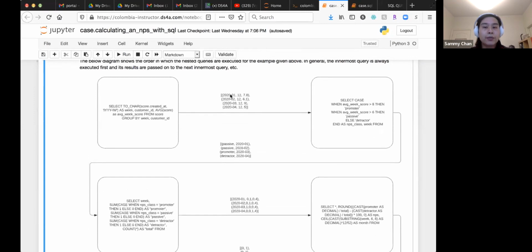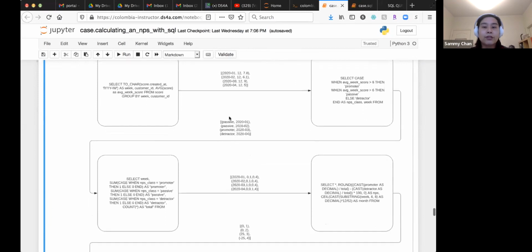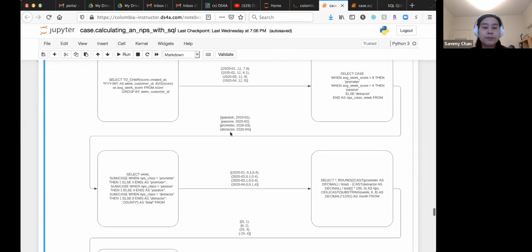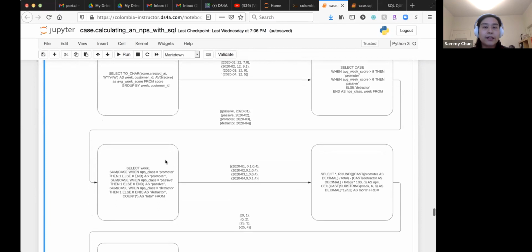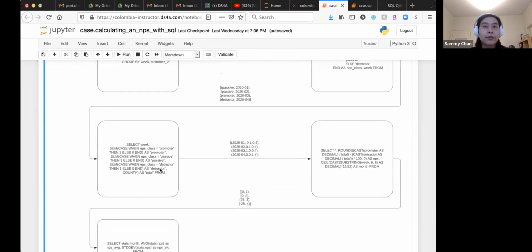So here the output we have per week, the customer ID and the score. And then we classified the users into whether they are passive, promoter, or detractor. And then after that, we calculated the sum of the total number of promoters, passives, and detractors per week.